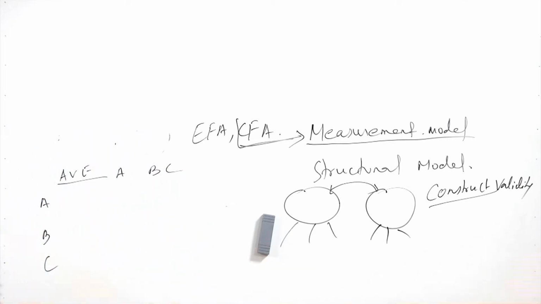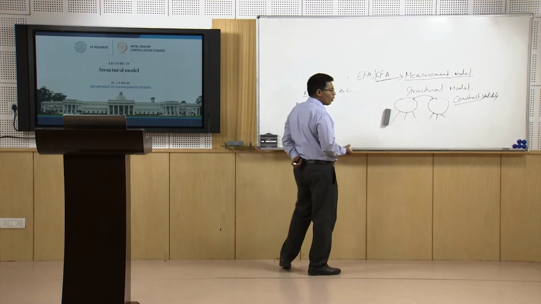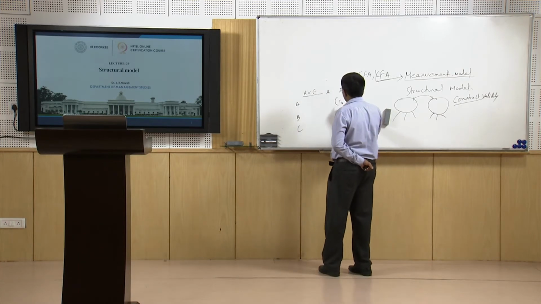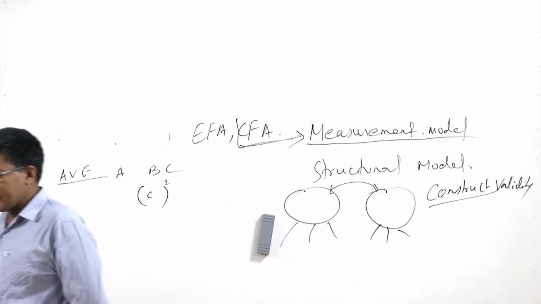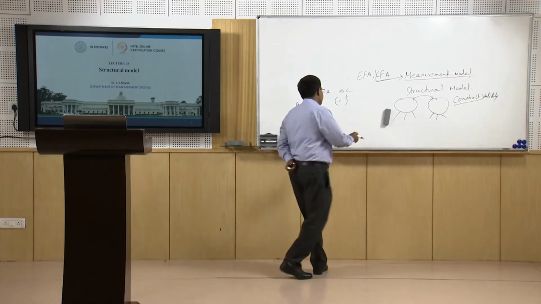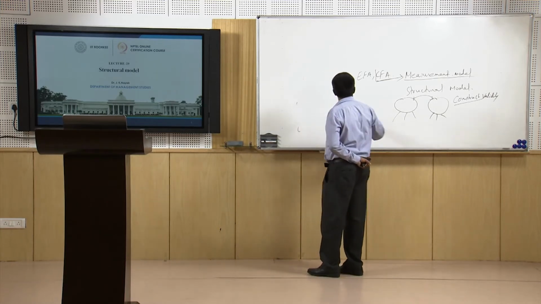We always say that the average variance extraction should be higher than the squared correlation value. If the AVE is higher than that, then that shows discriminant validity.